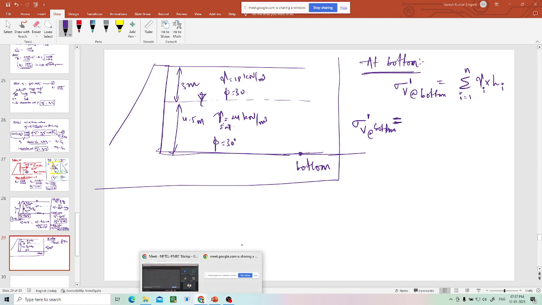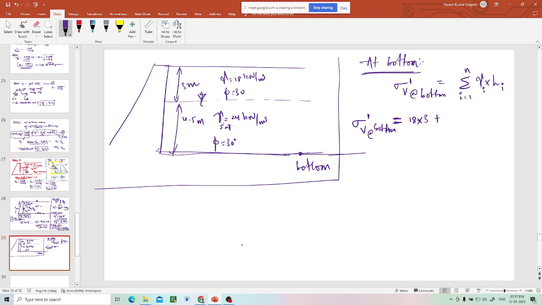Sir, 18 into 3, plus gamma submerged, 24 minus 9.81. Let us take 10, because in the question it is 10. Okay, 14 multiplied by 4.5. So this is sigma V at the bottom, right? So can you tell me 54 plus 14 into 4.5?